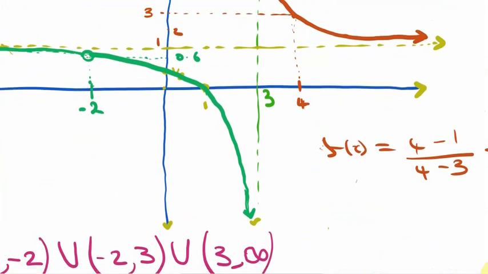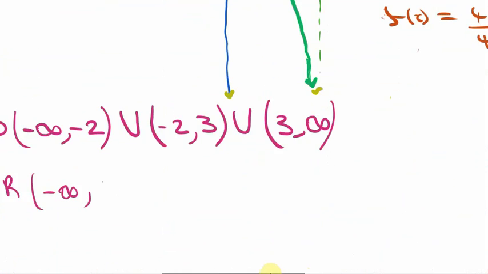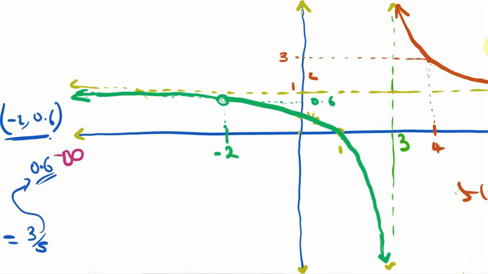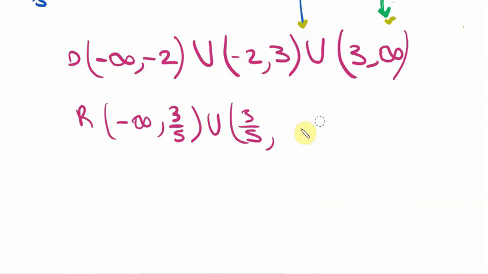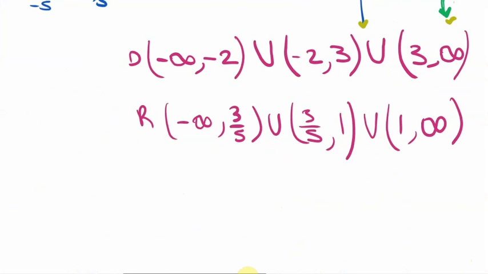That must also come out, all the way to 3 over 5, continues all the way to the horizontal asymptote at 1. It must also come out, then goes all the way from 1 to infinity. So that's our range.